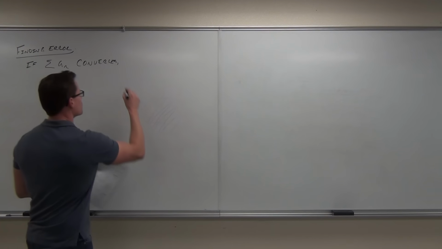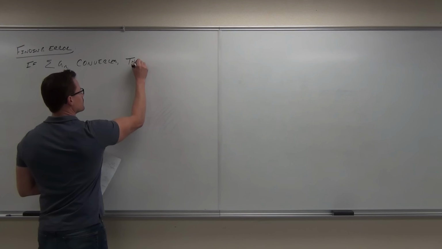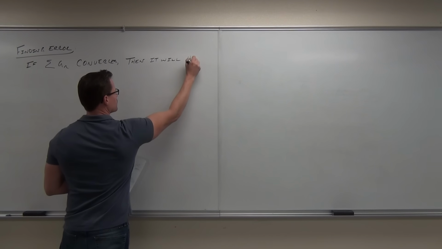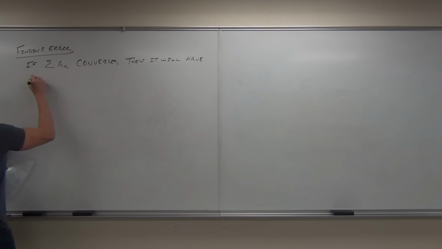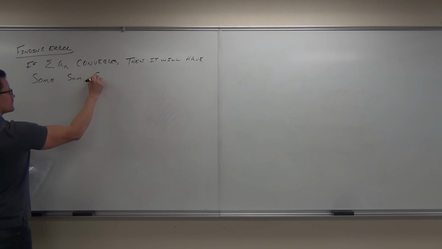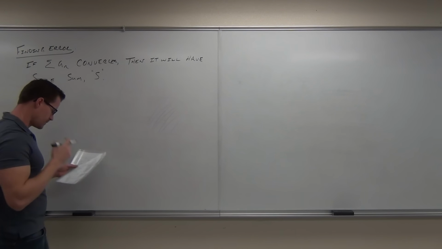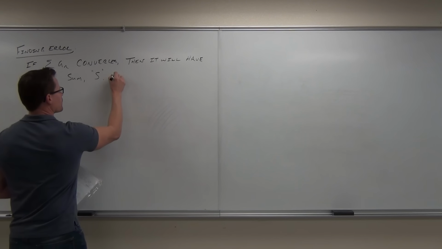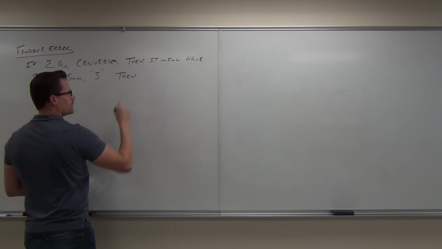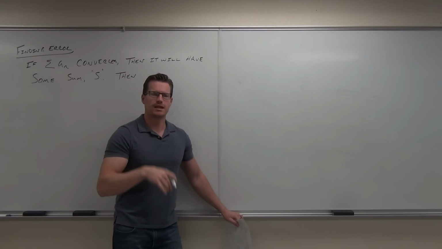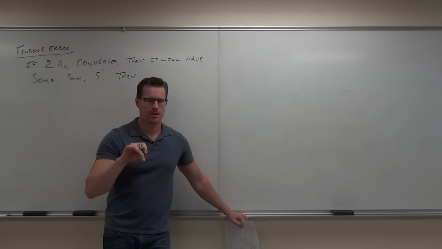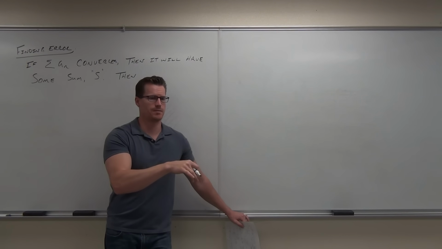Let's call it S. And we also know this. This is old stuff. We also know if we take a limit of partial sums as n approaches infinity, then the limit of partial sums will equal that sum S.